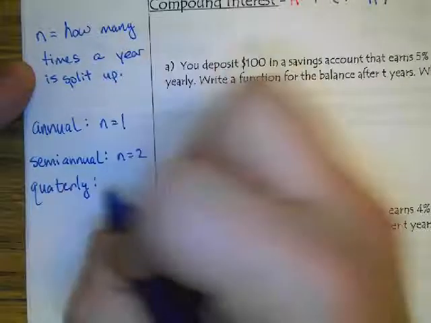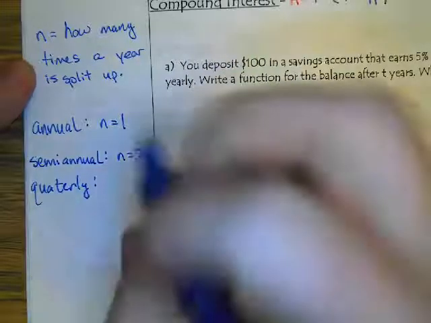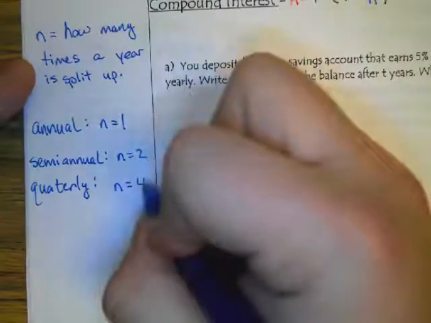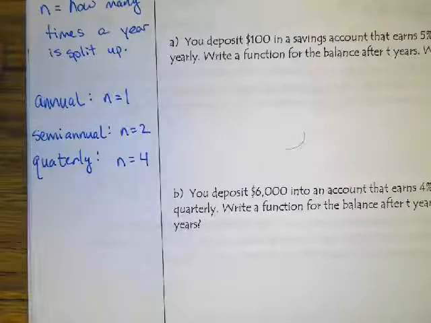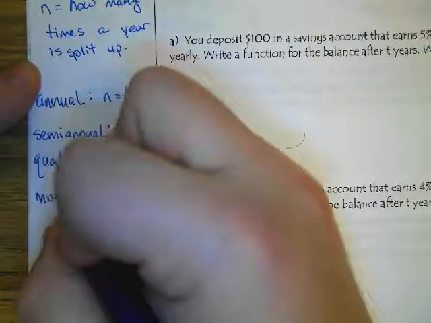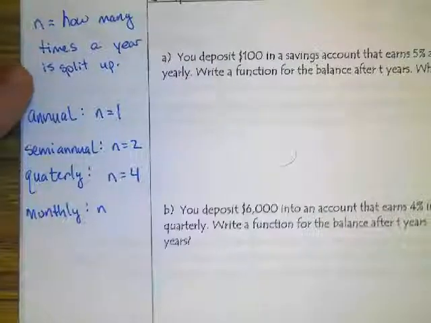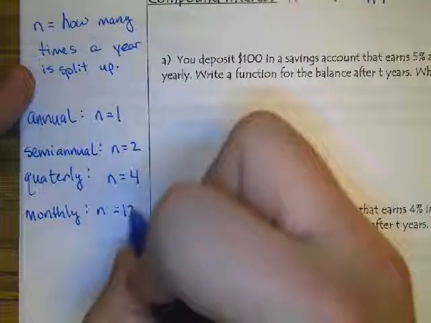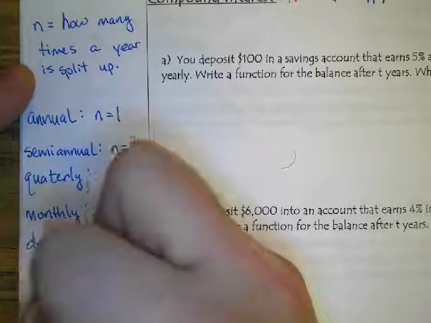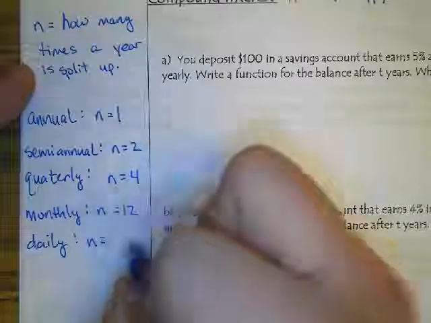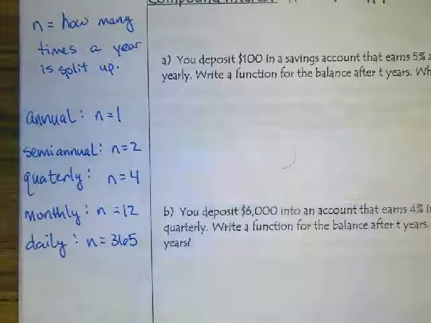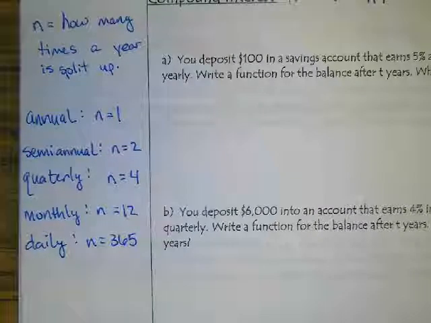If we see the word quarterly, then it's a year split into quarters, so we say N is equal to 4. Might see monthly. And that tells me, well, I'm splitting a year up into its months, so N equals 12. And daily, we'll assume it's not a leap year and use N equals 365.